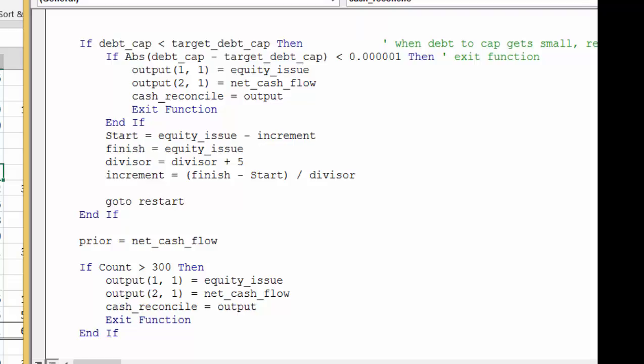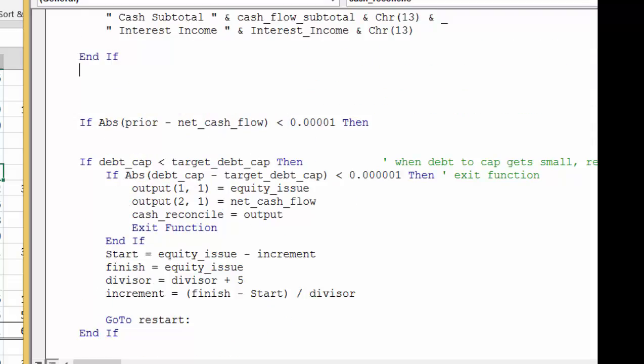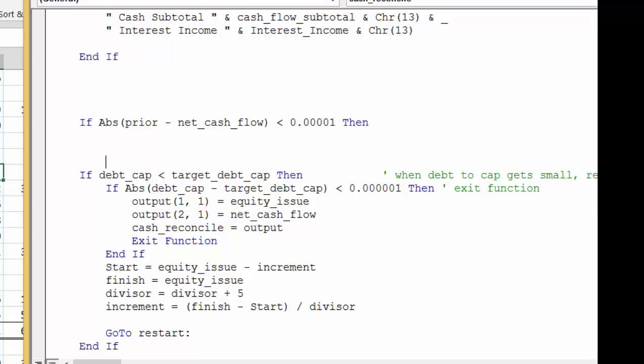Okay, now the only thing we haven't done is get the whole thing started. We need the target debt to capital, but before we get this, let's put the debt to cap equals ending debt divided by ending capital.